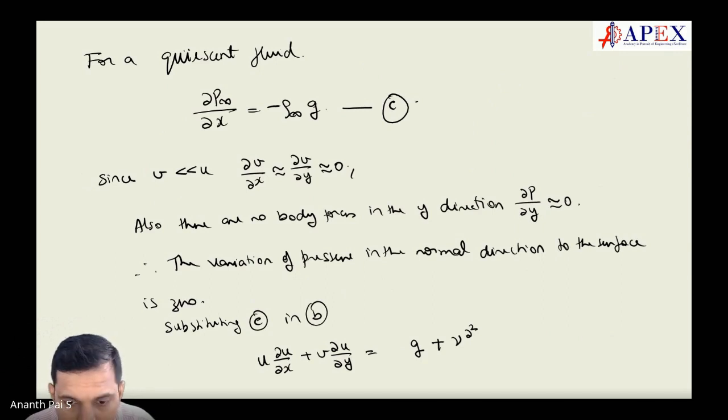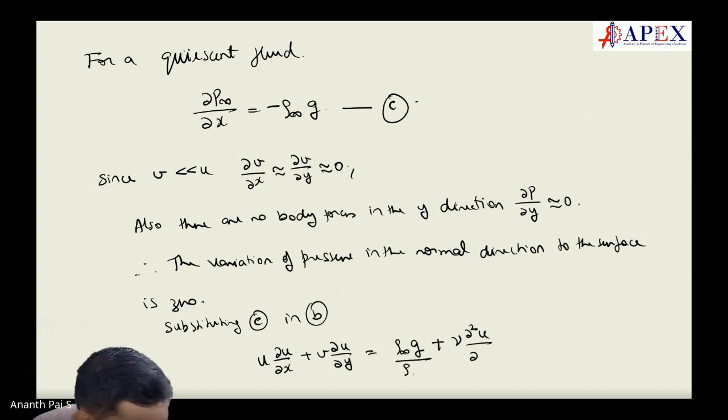Dou p by dou x is rho infinity into g, is it not? 1 by rho is this rho. So nu into dou square u by dou y square, correct?